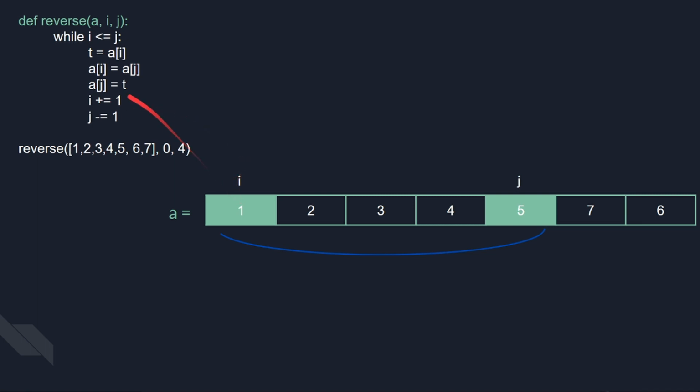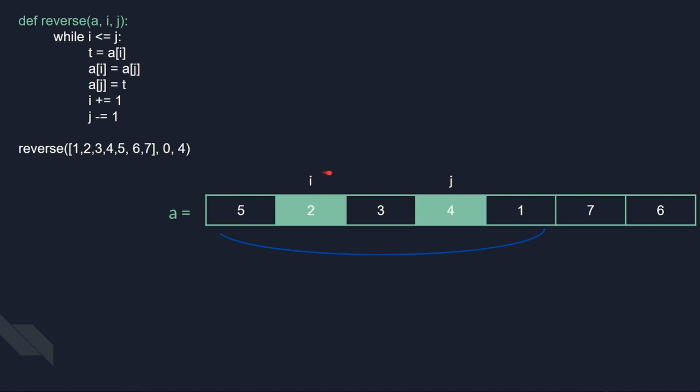So we have a while loop that runs while i is smaller than j, then you swap the i and the j, and then you increment the i and you decrement the j.